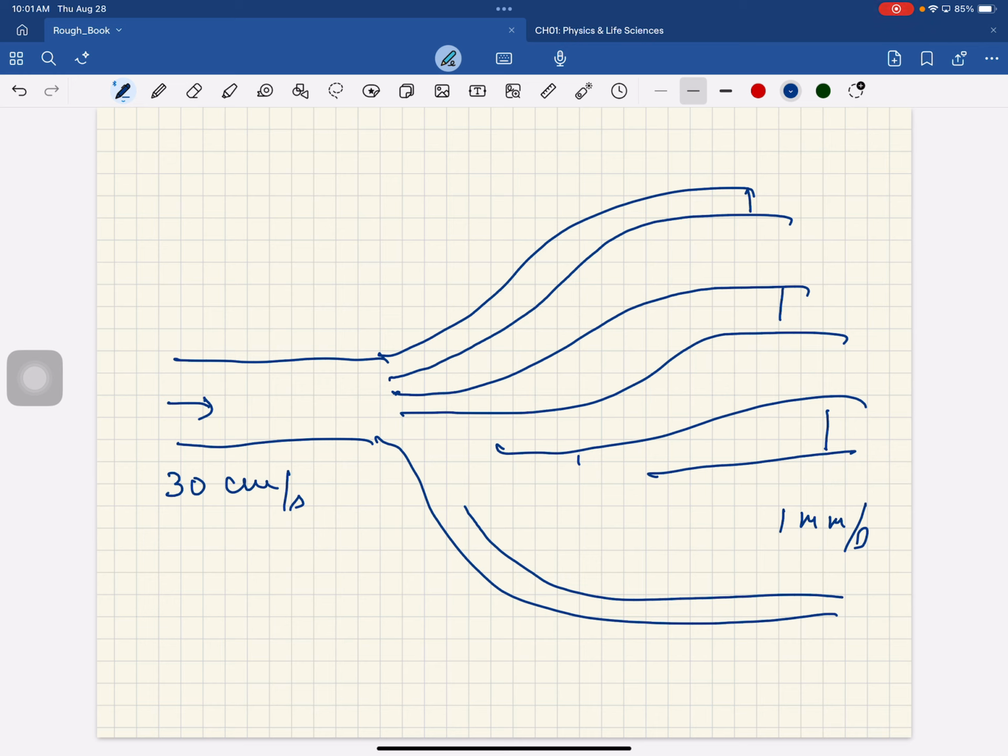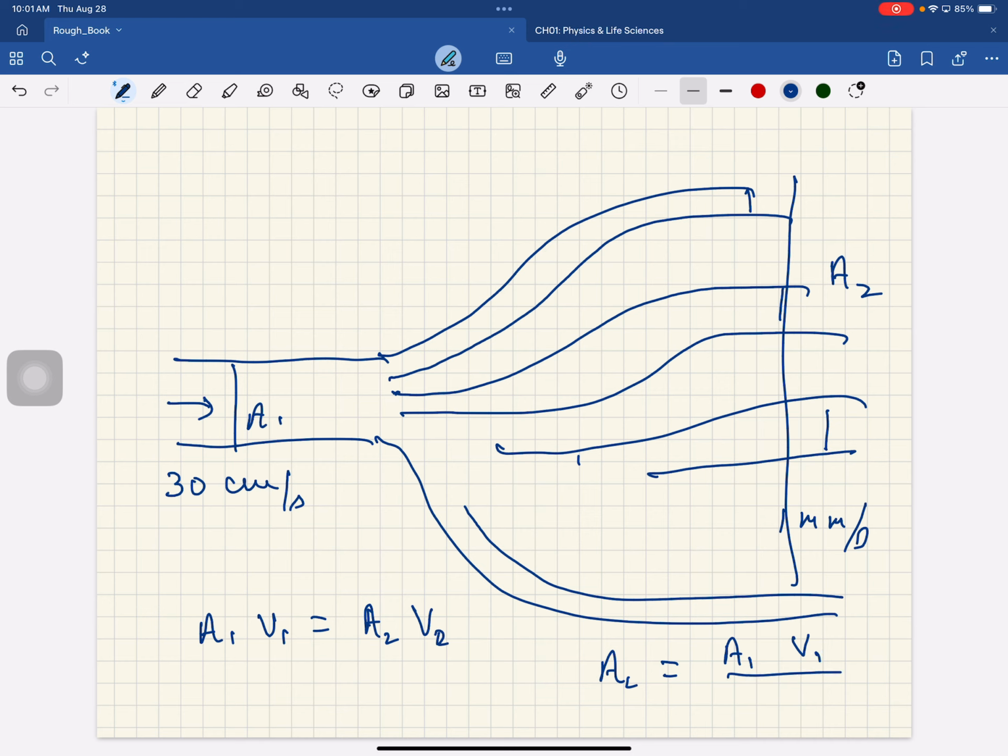Well, let's do a little calculation. A1 V1 = A2 V2. Again, you don't have to worry about any of this stuff. I just want you to understand this. We're going to calculate how much the area increased from the arteries to the capillaries. So A2 is A1 times V1 over V2.